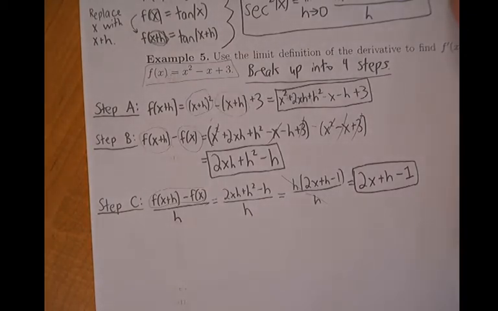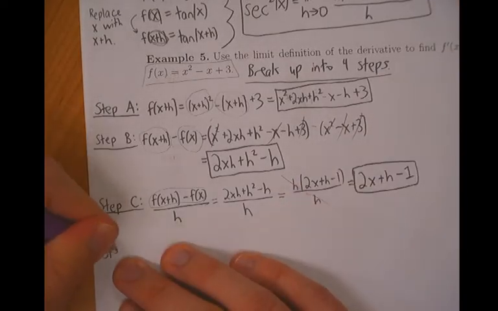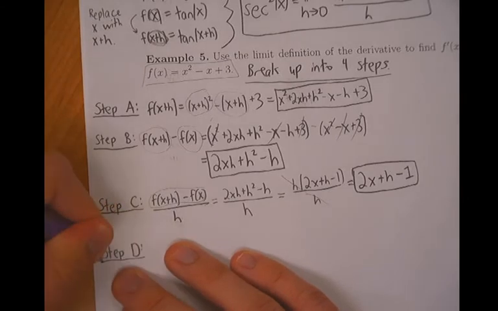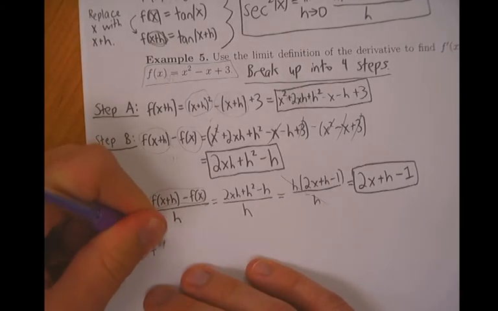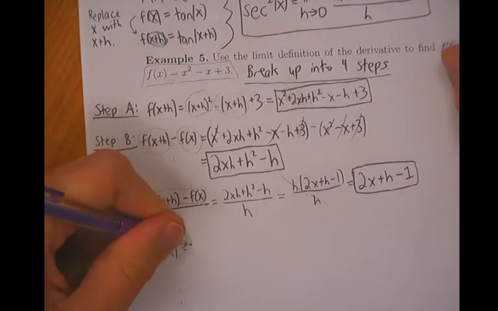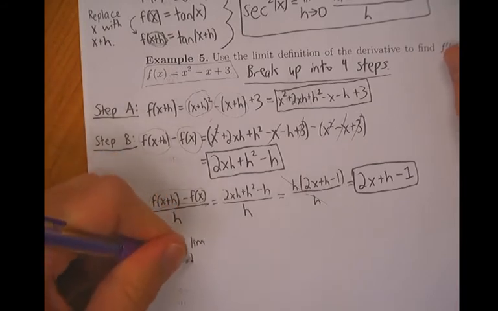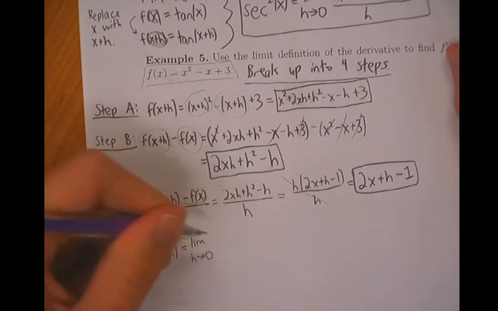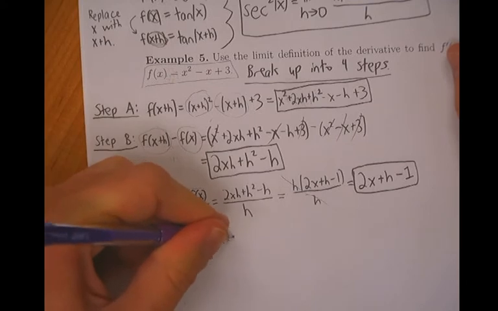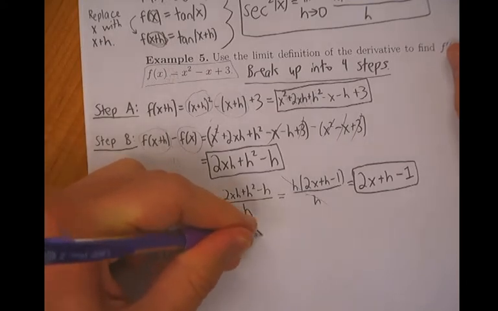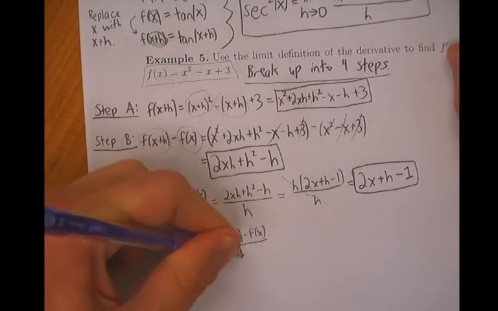And so the good news is that now that we have the difference quotient expressed in a relatively nice form, step D, all we have to do now is just find the derivative. Using the limit definition, based on what we have from step C, that'll be pretty nice and quick. So f of x plus h minus f of x, all that divided by h.